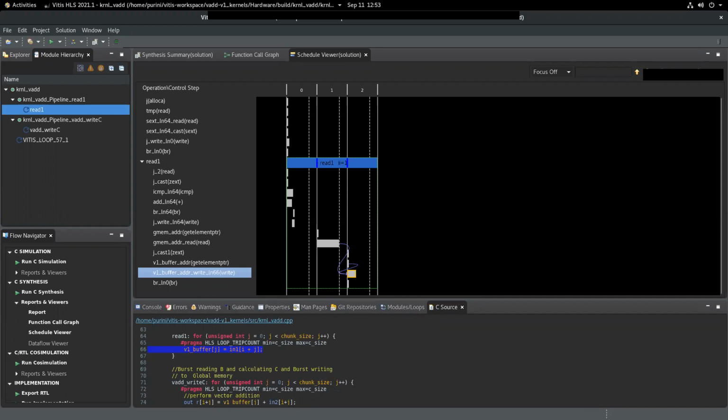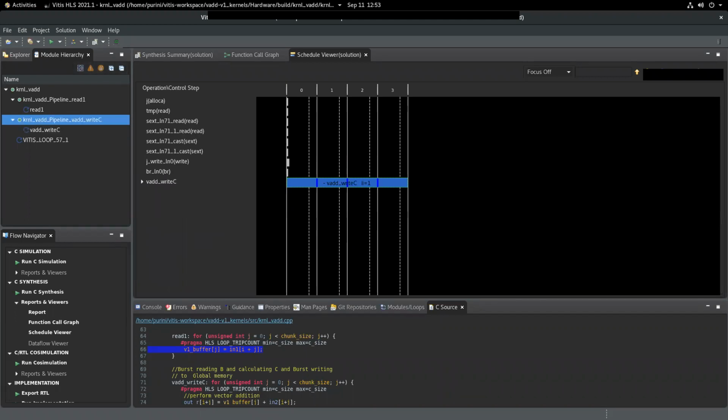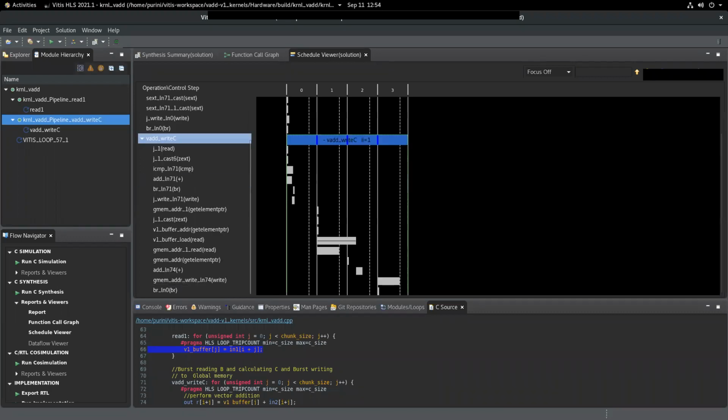Similarly, you can go to this vadd_write and see how different operations in this vadd_write are scheduled. It requires 4 clock cycles here, and again this loop is also pipelined.